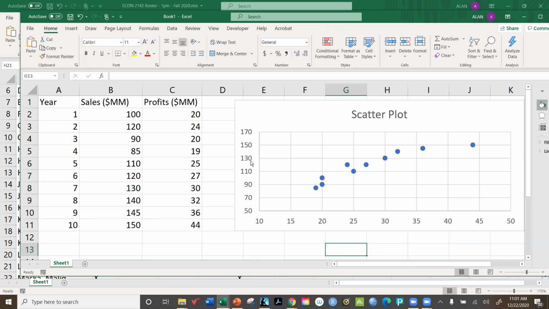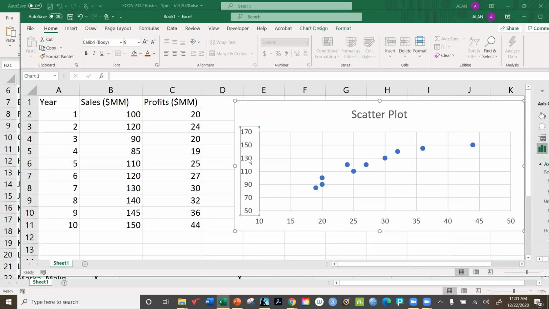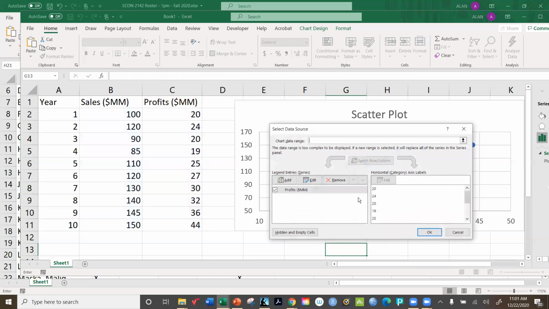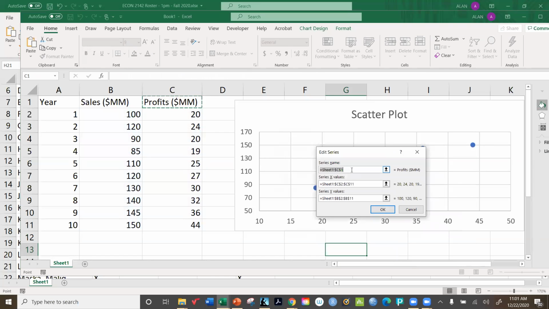And what I've got here on the vertical axis is, oh, wait a minute. I think they were right the first time. Hold on a second. Oh no, did I waste all that time? Oh, I blew it. No, it was right the first time. All right, hold on.